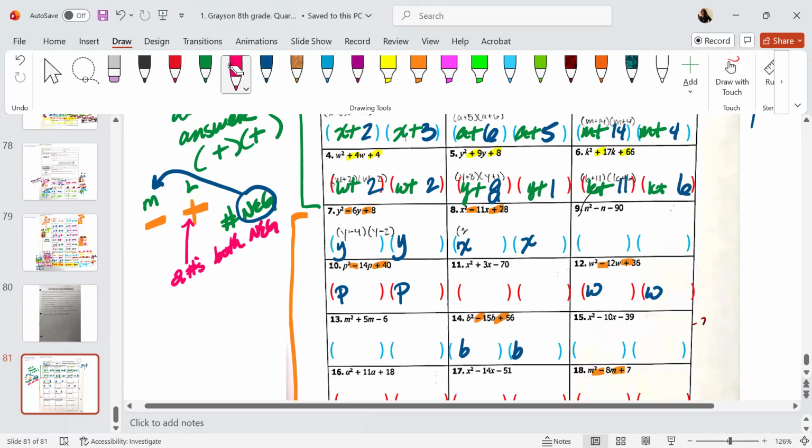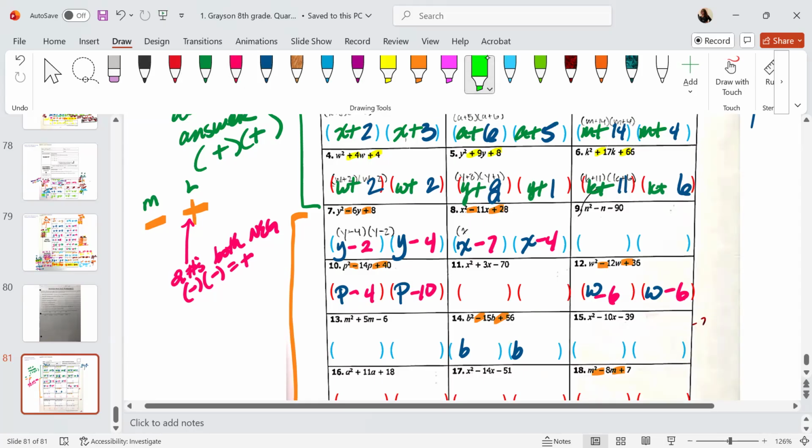Actually, the bigger number doesn't even need to be negative, both numbers will be negative in this situation, because a negative times a negative is a positive last number. Do you see that? So this will be a minus 2, minus 4. Do you see how it gives me a negative 6? Do you see the pattern now? Minus 7, minus 4. Minus 4, minus 10. Minus 6, minus 6. Do you see the pattern there? Do you see how I'm categorizing them differently than others? So that's another set.